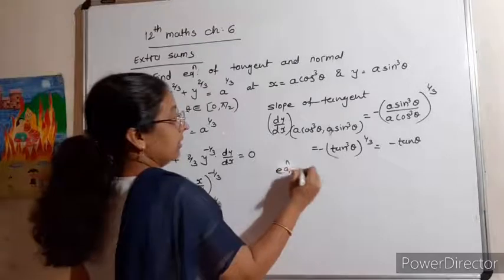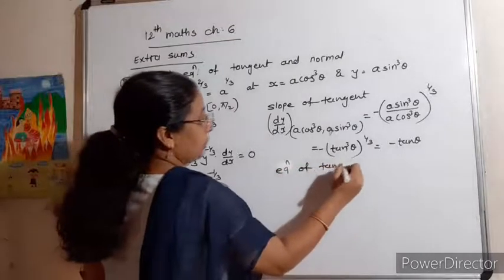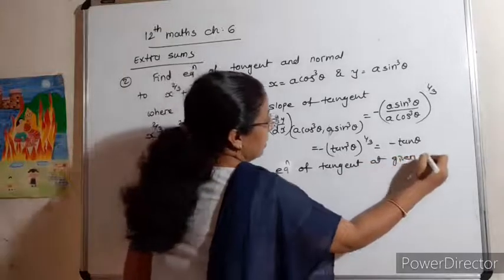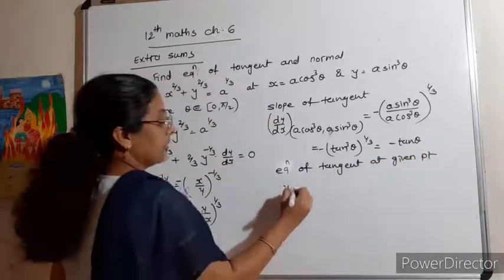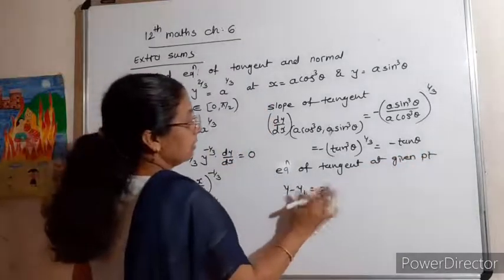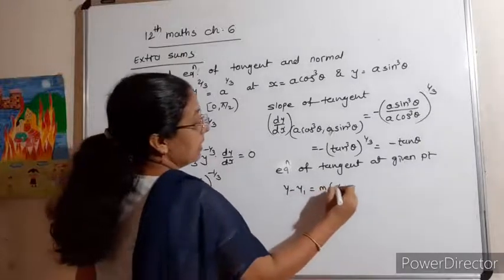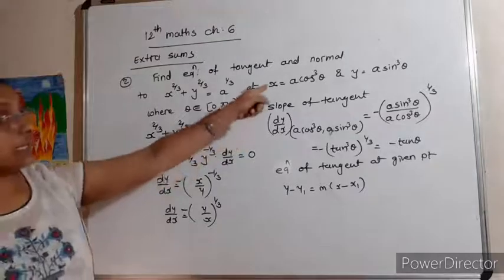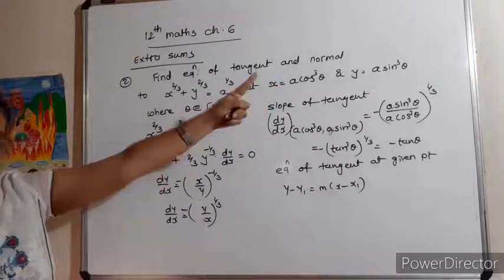Therefore, equation of tangent at given point: y minus y1 equals m times x minus x1. What? x1 y1 is this given point, x and y, right?